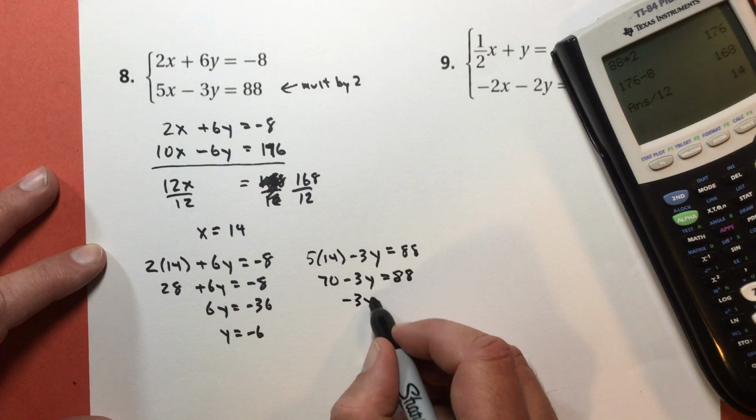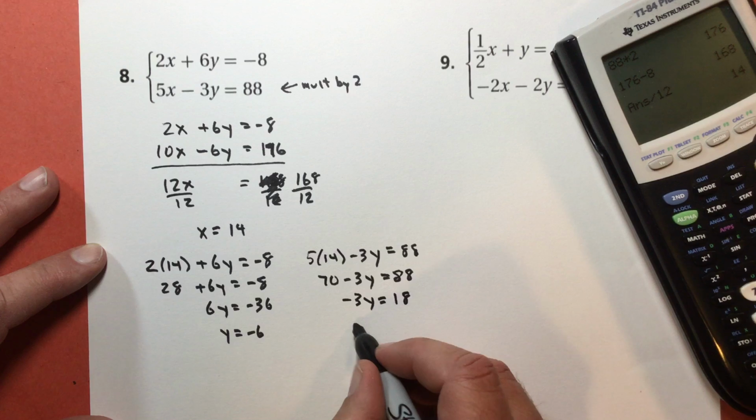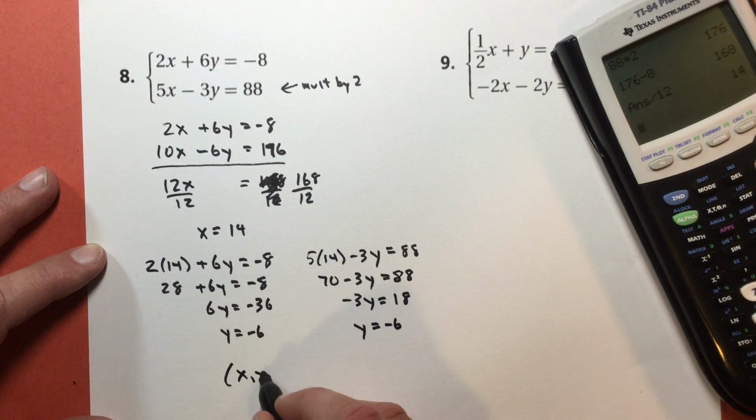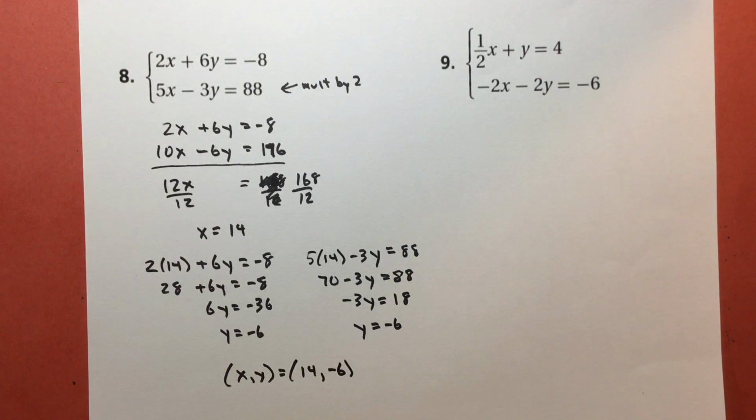I get negative 3y equals 18, and divide by negative 3, and I get y equals negative 6. So that's the same. So my solution is going to be x equals 14, y equals negative 6. Arithmetic, I know. I can teach you pre-calculus and calculus. It's the arithmetic that's throwing me off. That's what I get for trying to do it in my head.